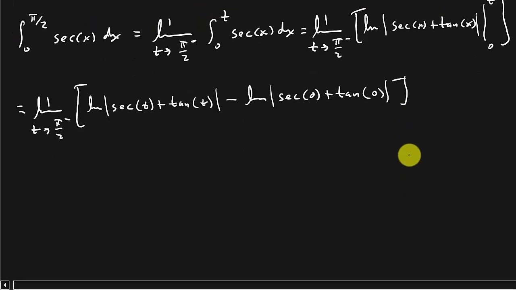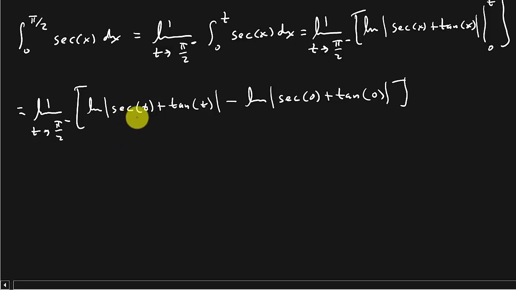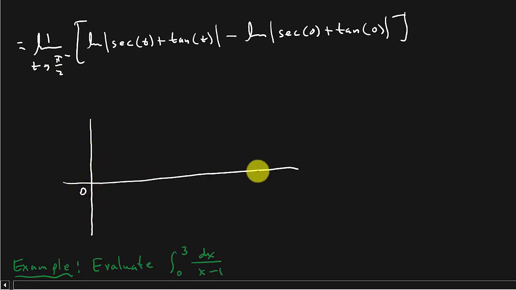Let's look at secant t and tangent t as t goes to pi over 2 from the left. One thing we can do real quick shouldn't take you long.